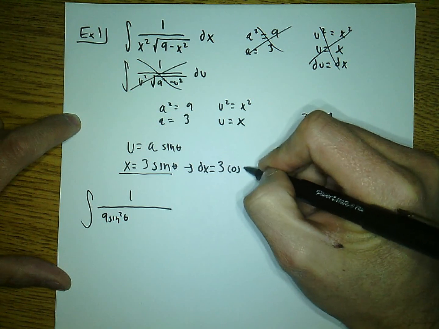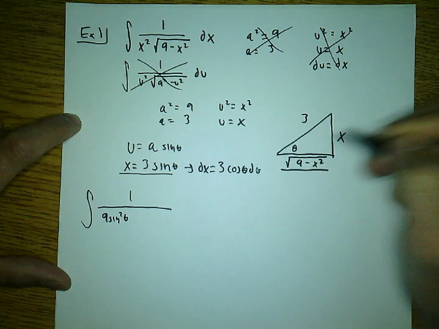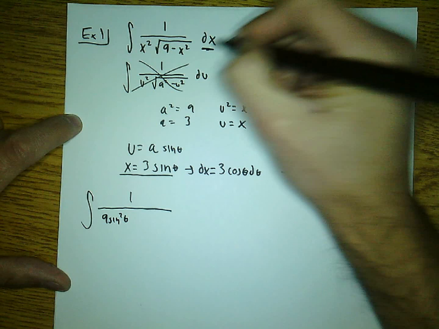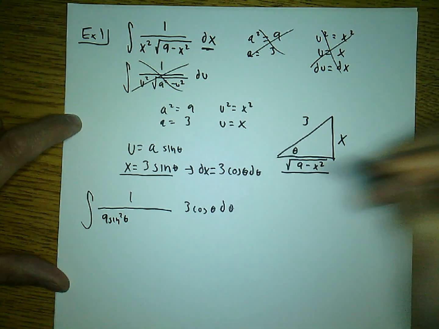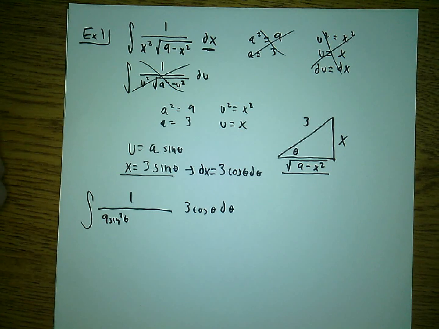Three cosine theta d theta. So this dx right here, guys, is going to become 3 cosine theta d theta. Are we okay with that? Anyone lost?